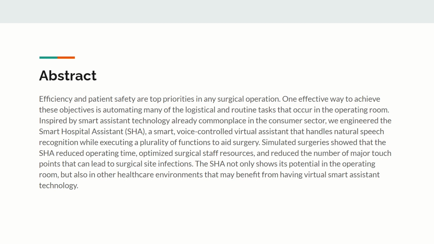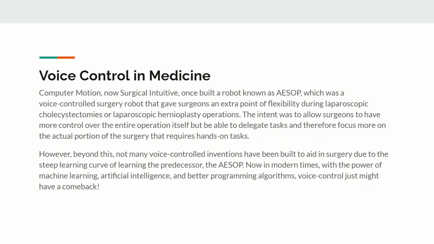So before I actually dive into the Smart Hospital Assistant itself, I wanted to go over the brief history of voice control in medicine. So a company known as Computer Motion, which is now Surgical Intuitive, the company that actually built the Da Vinci robot, which a lot of people might actually recognize from the meme they did surgery on a grape. But its predecessor, Computer Motion, once built a robot known as the ASOP.